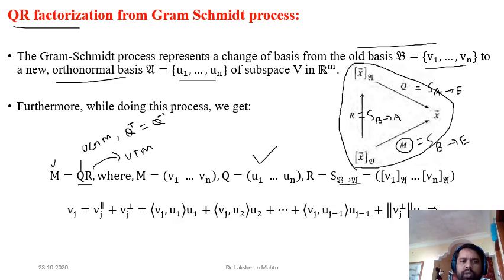Also, we had decomposed Vj in the form of the projected part Vj parallel and Vj perp. This one is the perpendicular part, and where does Vj perp happen to be?